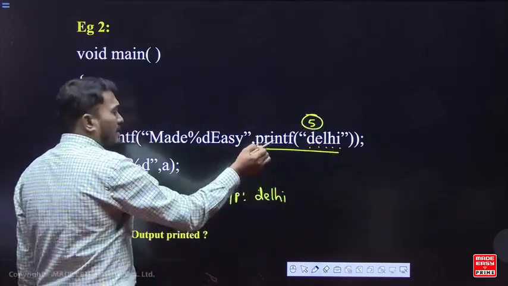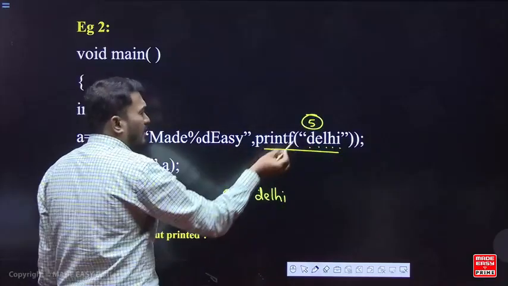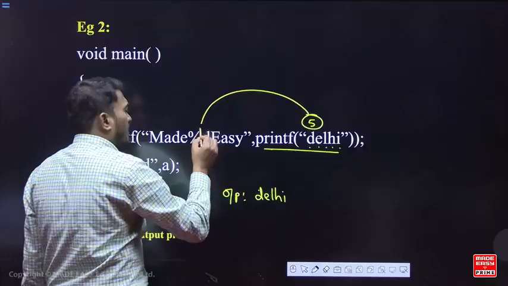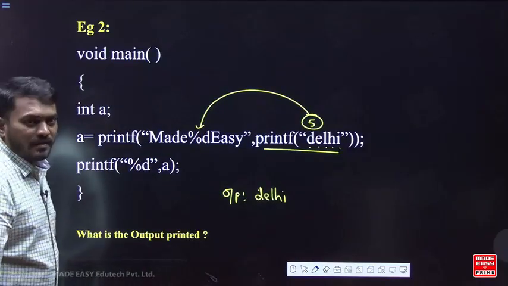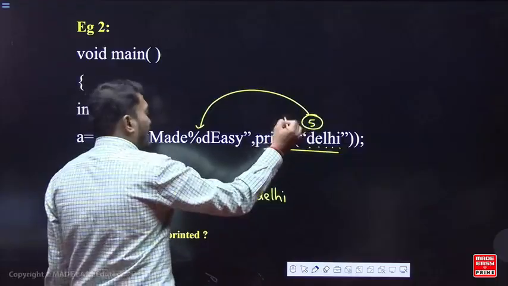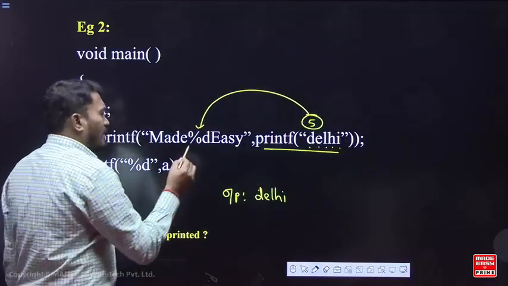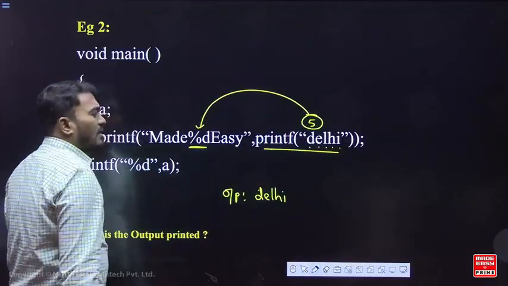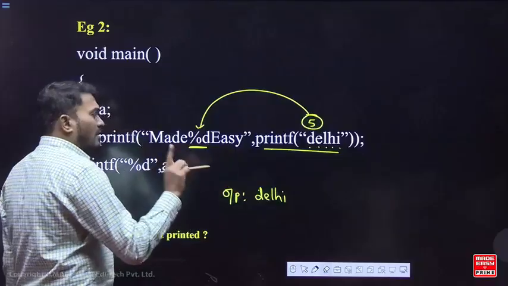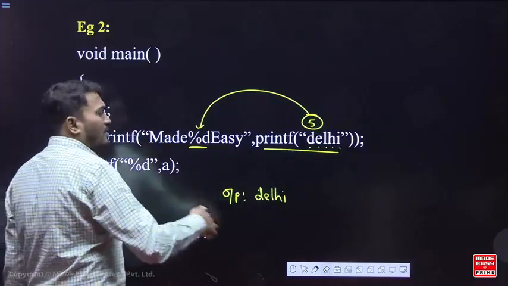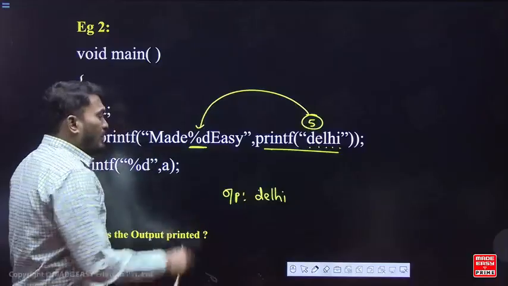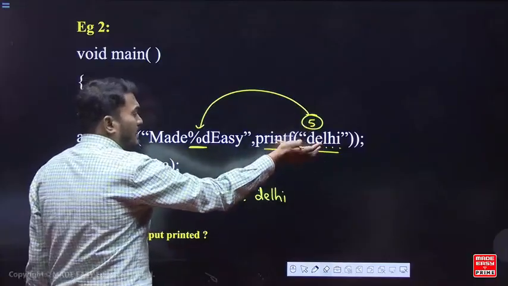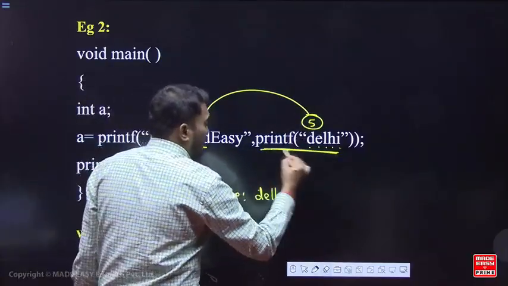5. This printf is returning 5. That 5 will be taken care of by %ld, the format specifier used to print an integer. Printf execution happens from the right side; the inner one is evaluated first.